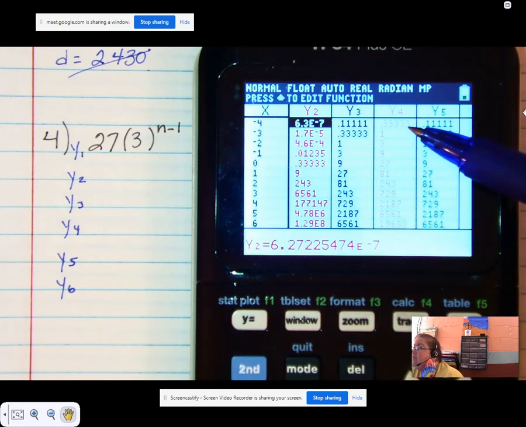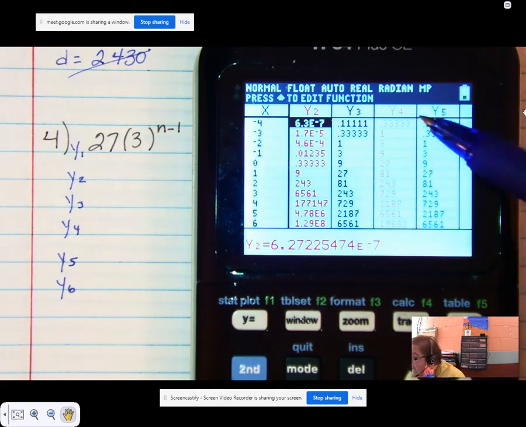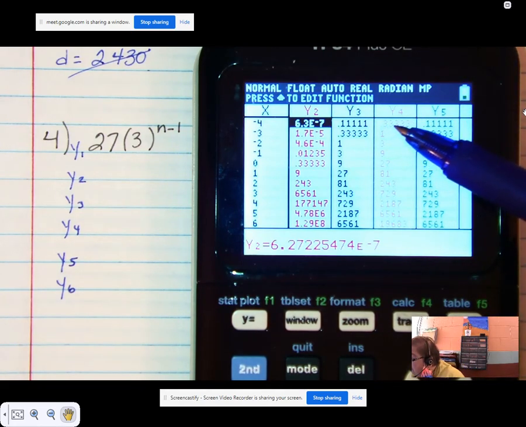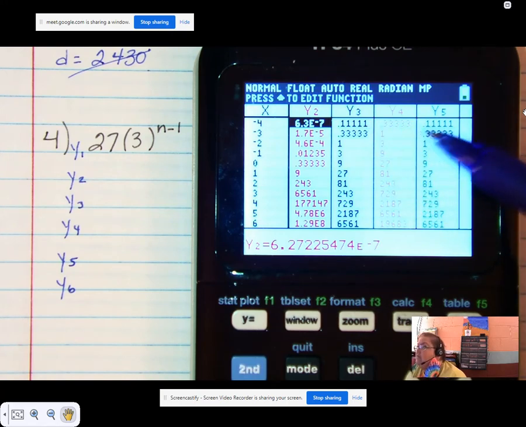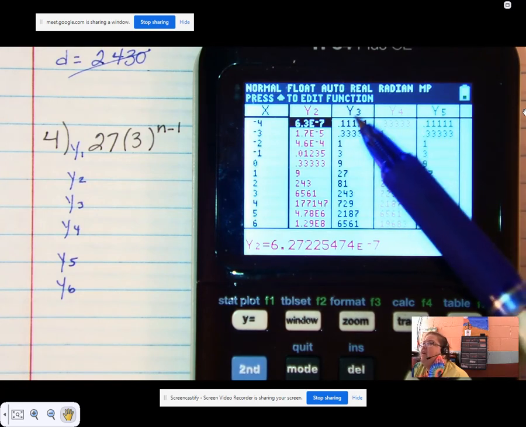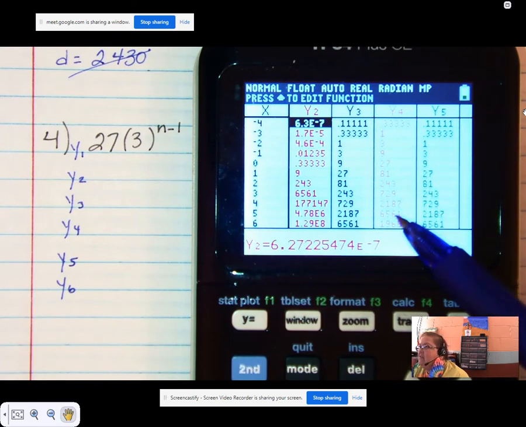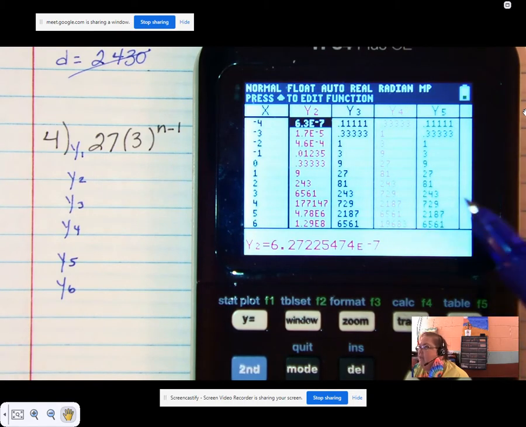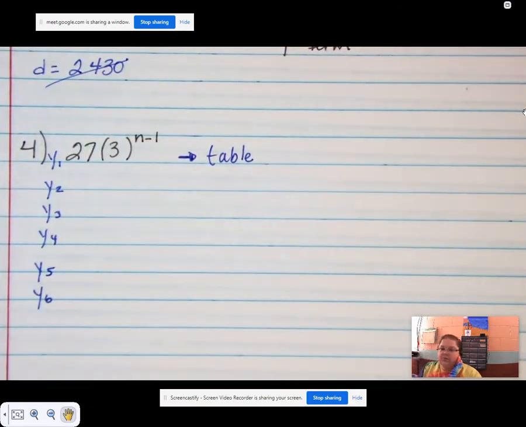This one, my column here, you cannot see it at all because it's pink, but it doesn't start with 0.111111. It has the same numbers, but it doesn't start in the same place. So you're looking for the exact same numbers in the exact same place in those columns. Those columns are going to be your answer choices. I just really wanted to show you that on the calculator.